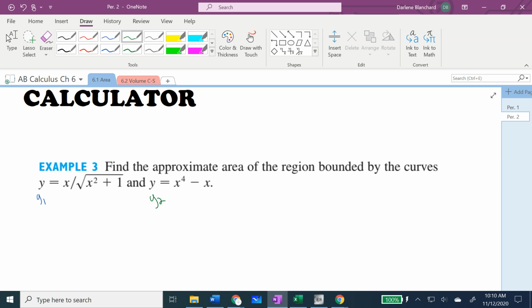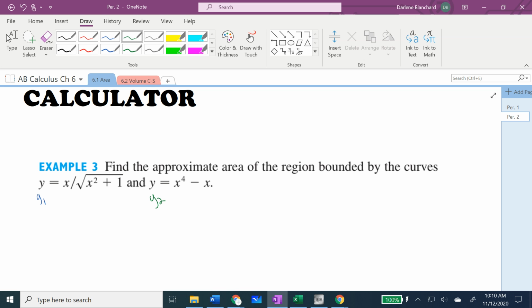The TI-84s are the ones that I explain how to use. So know that if you get anything that is not a TI-84, you're going to have to figure out how to use it. TI is Texas Instruments.